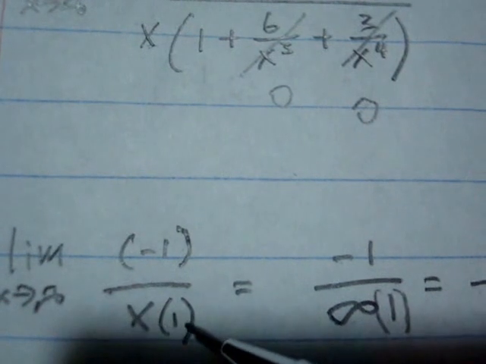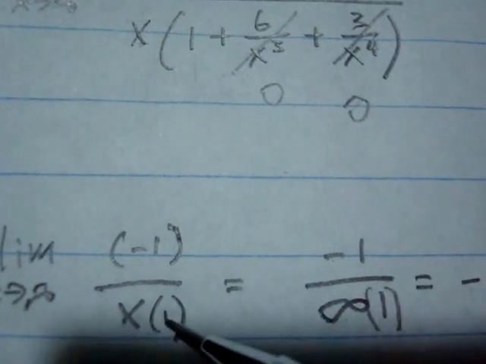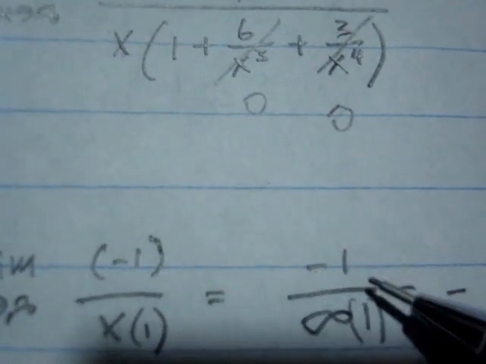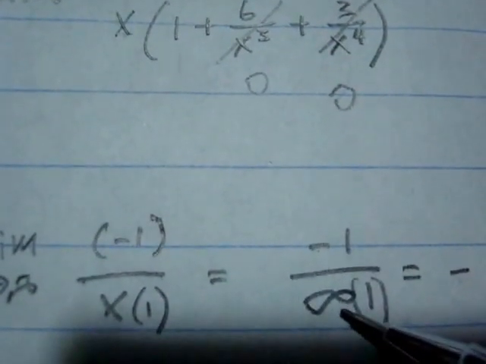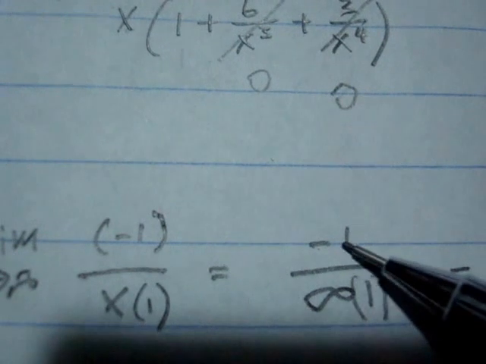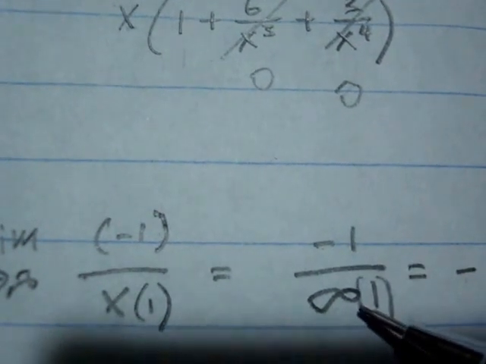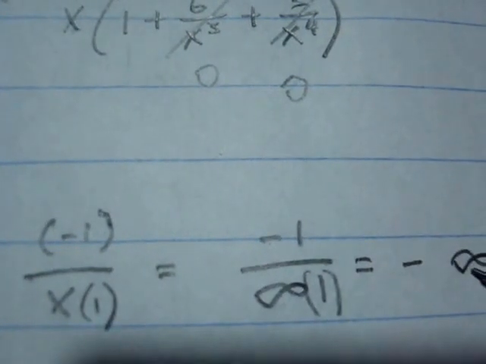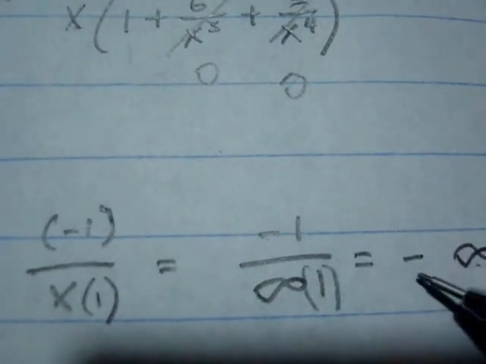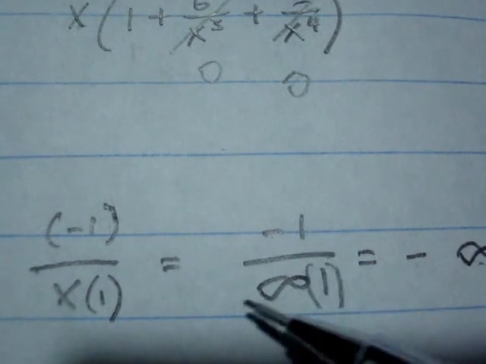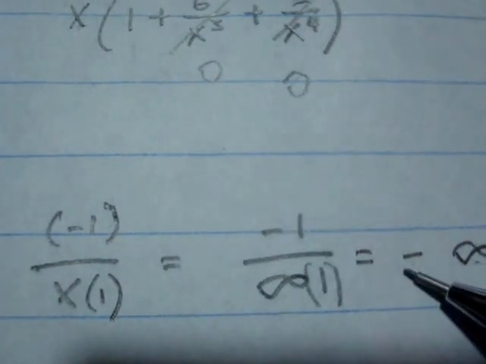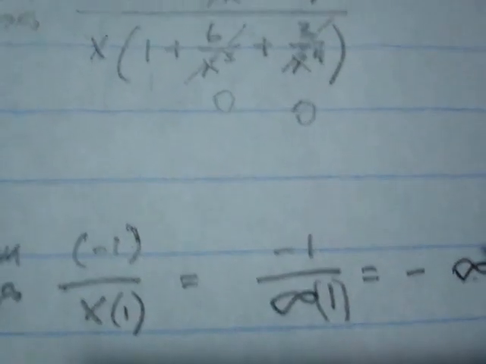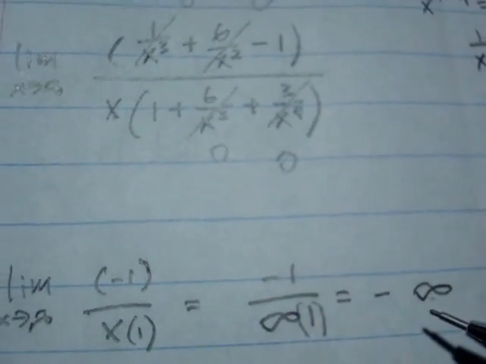And as you take the limit as it approaches infinity for 1, it will reach 1. So negative 1 divided by a very large number, like infinity, it will reach infinity. But the sign will be negative, because negative divided by a positive will be negative. So the answer for this particular limit will be negative infinity.